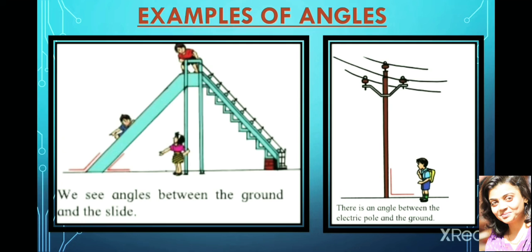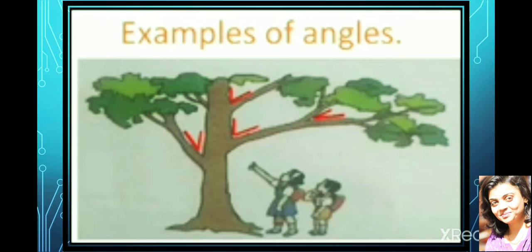It forms an angle. Now in the next picture, what do you see? You can see a tree and two children standing near the tree. Can you see that red line? That red line shows angles.